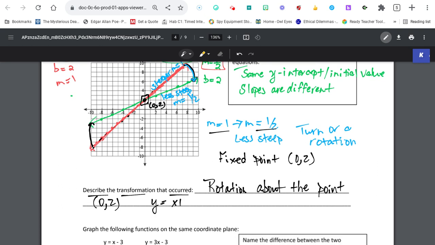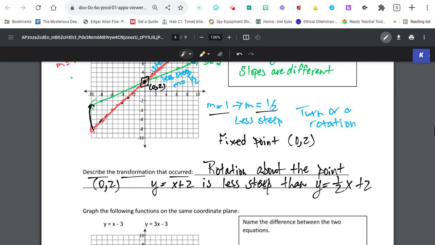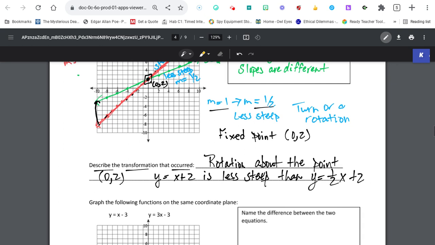All right, and I'm going to go ahead and put that y = 2x + 2 is less steep than y = 1/2 x + 2. I want you to know what changing the slope does, like if you increase the slope or decrease the slope. And again, to determine steepness, I'm looking at the absolute value of the slope.